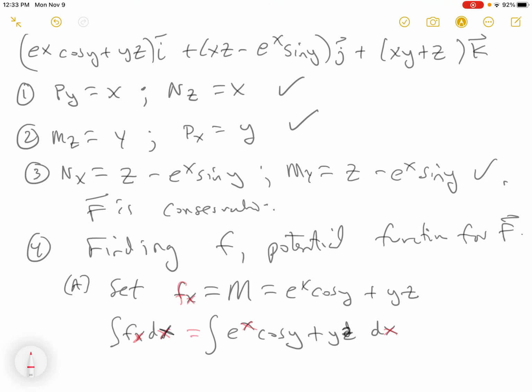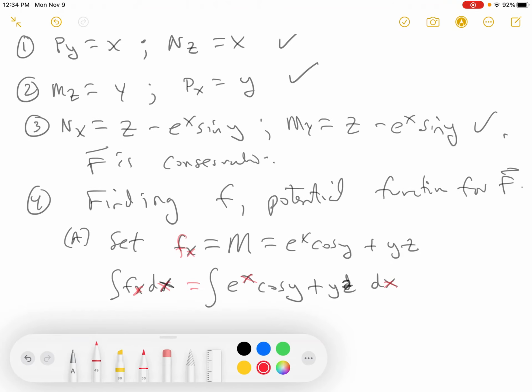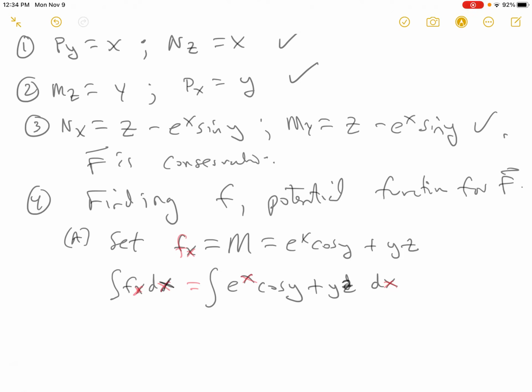And that's an equal sign. Well, on the left-hand side, you use the fundamental theorem of calculus, and you get f. And on the right-hand side, you integrate with respect to x. Your first term, you just get e to the x cosine y, because the integral of e to the x is e to the x, and cosine y is a constant. And then over here in the second term, you pick up an x, so it's going to be yz x.